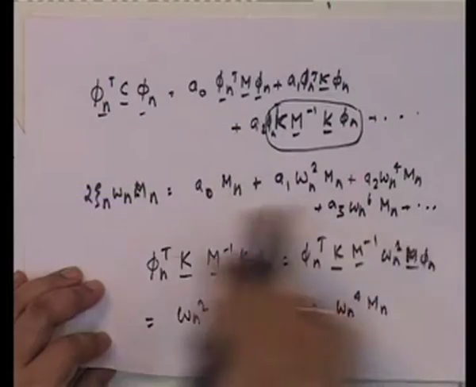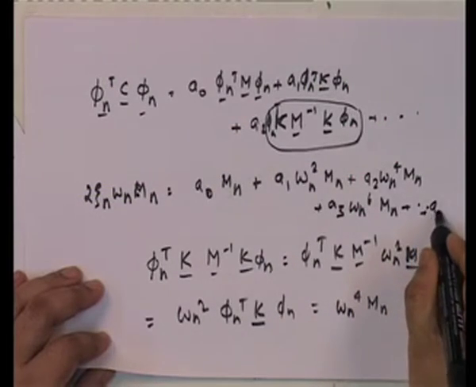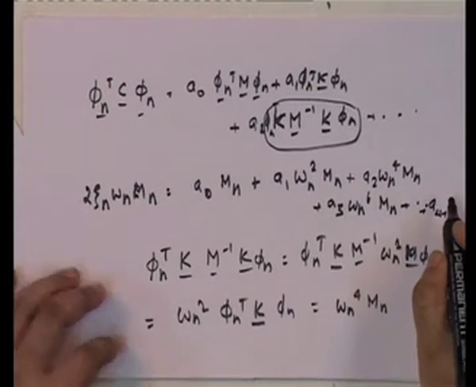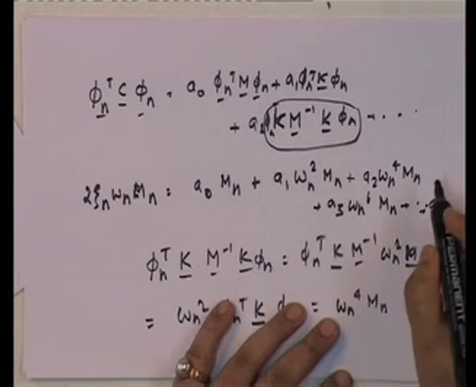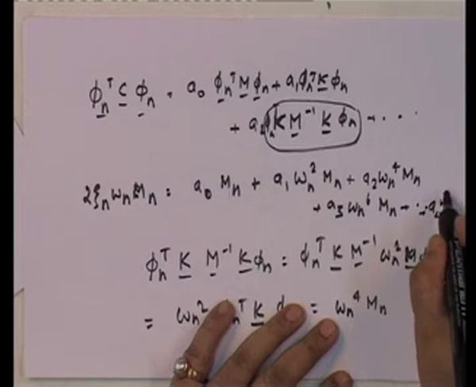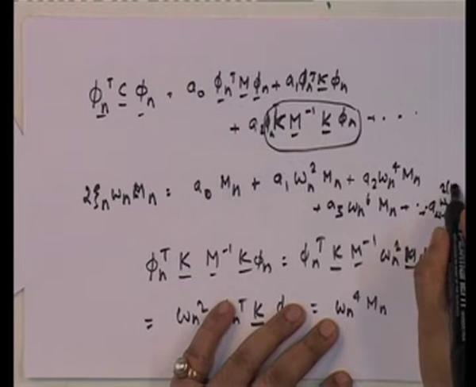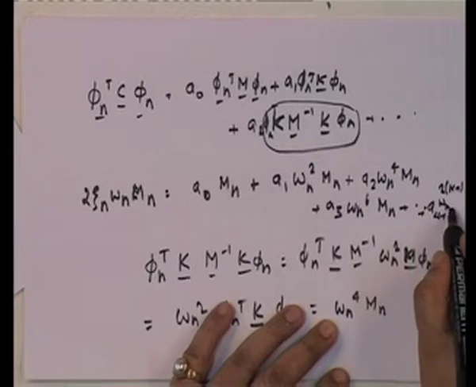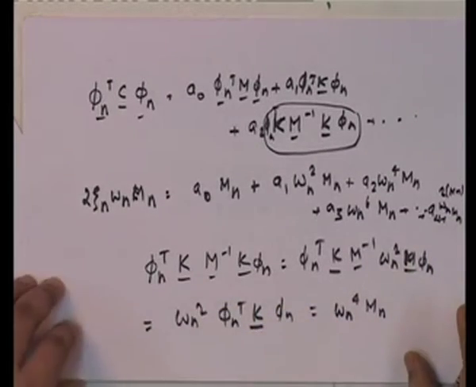And this goes up to A n minus 1. Okay. So, what does it become? It becomes A n minus 1 omega n to the power 2n minus 1 into mn. This is what we get.